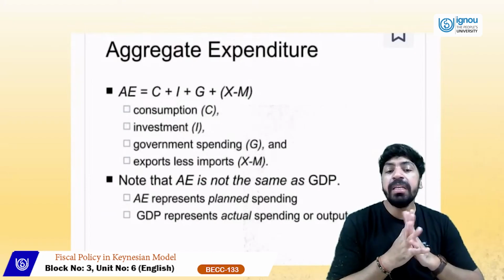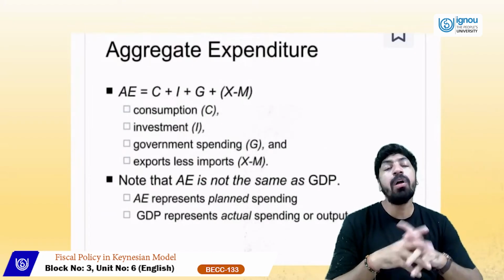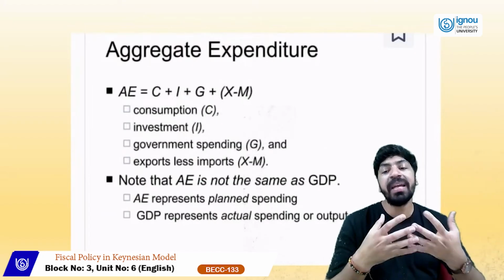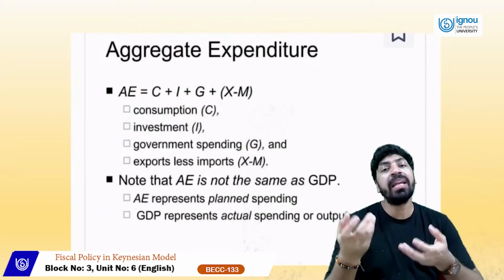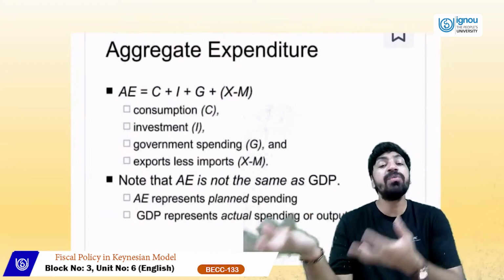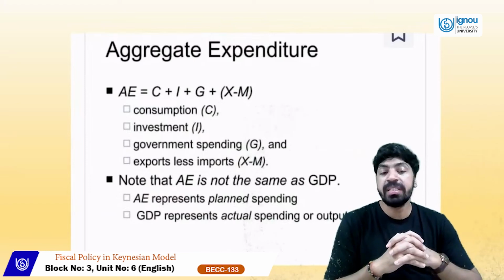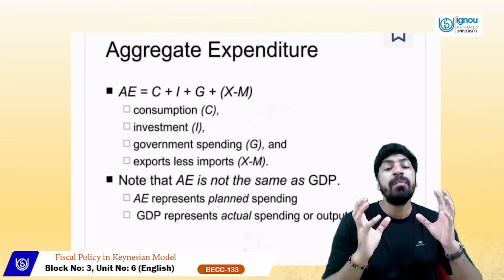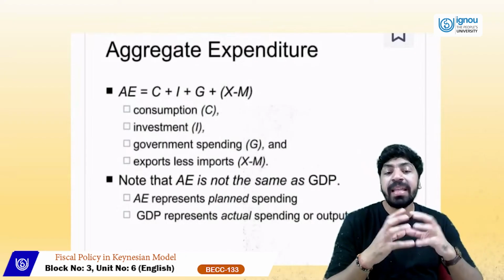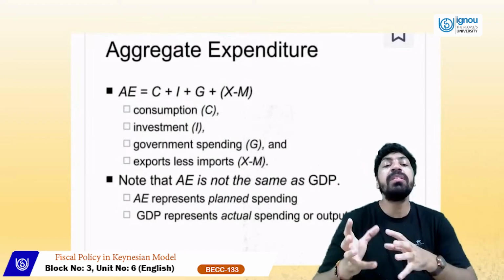When we talk about gross domestic product, we always talk about the actual spending or output. That is the amount spent on producing the goods and services, and that is called gross domestic product. So that doesn't mean it is aggregate actual spending.